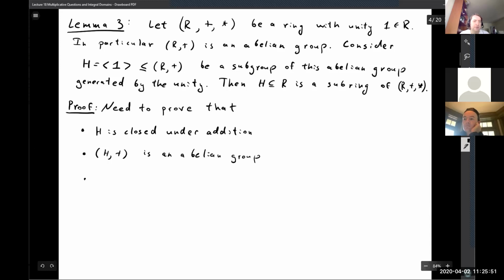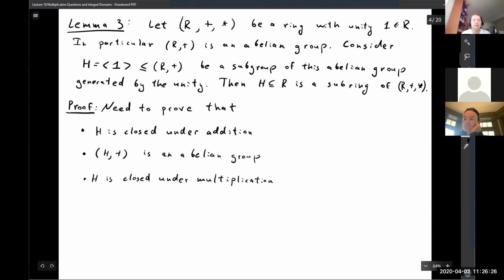And finally, we need to prove that H is closed under multiplication. Right? And then all the axioms of a ring would follow from the axioms of a ring for R.